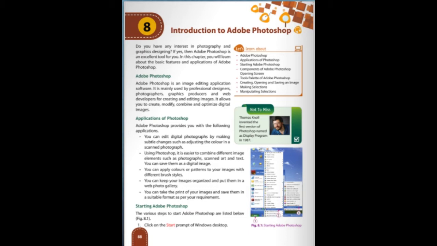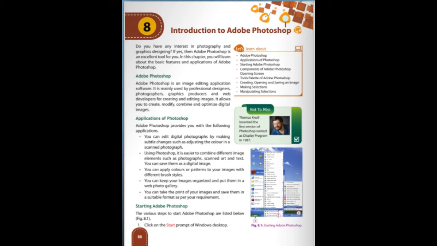You can save them as a digital image. You can apply colors or patterns to your image with different brush styles. You can keep your images organized and put them in the web photo gallery. You can take printouts of your images and save them in a suitable format as per your requirement.